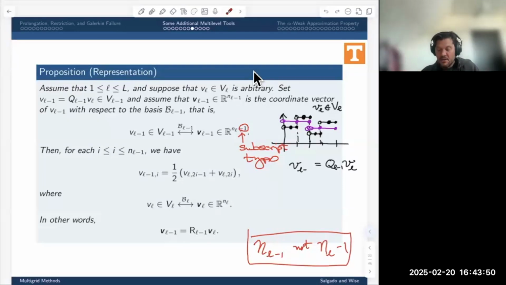The L2 projection is defined for many more functions. The restriction matrix is really only defined for grid functions or vectors. But this object is defined for many other types of functions as well. However, when I'm talking about restricting piecewise constant functions or grid functions to the coarse grid, they become the same object.